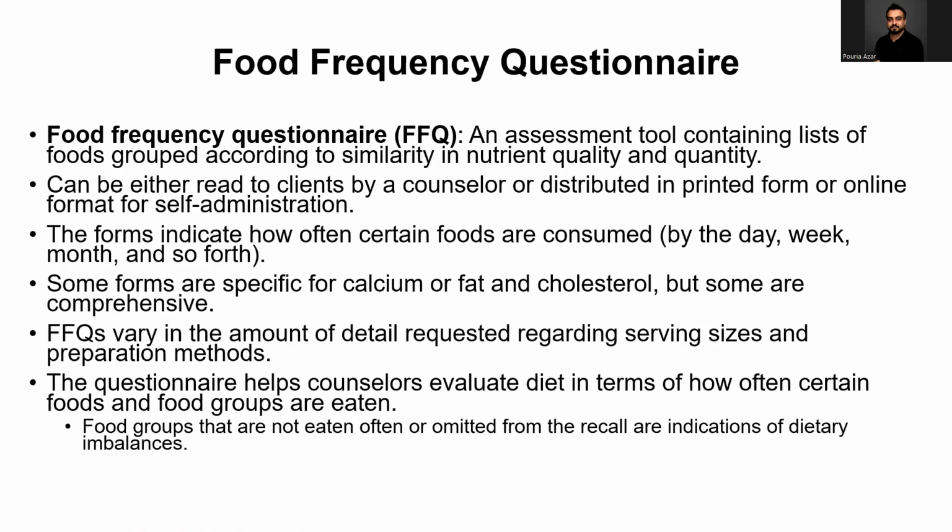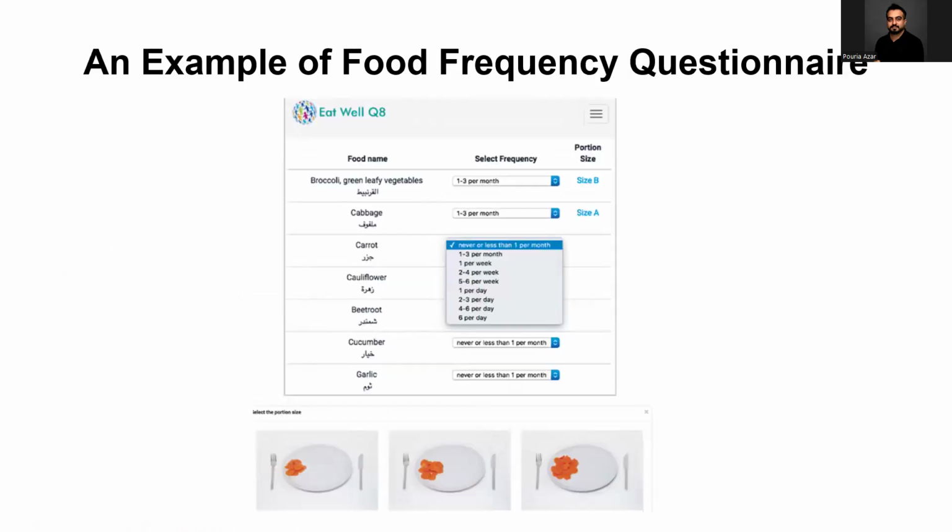It can be in printed form or online or by phone, or it can be read to clients. So this is an example of a food frequency questionnaire.